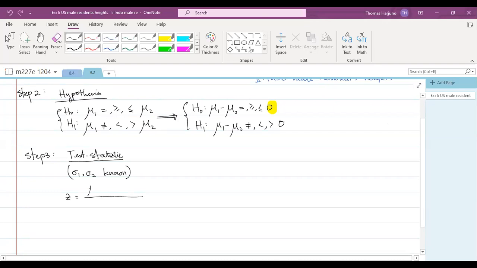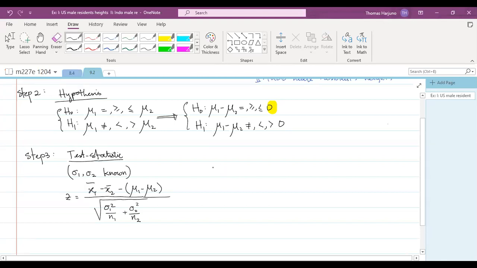That is x1 bar minus x2 bar minus mu1 minus mu2, over the square root of sigma 1 squared over n1 plus sigma 2 squared over n2. Basically, if you know the population standard deviations, then you will use the z-score. That has been consistent with what we have done since the very beginning, even in the confidence interval case.